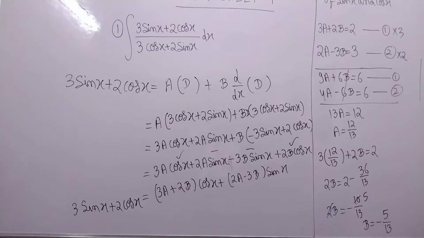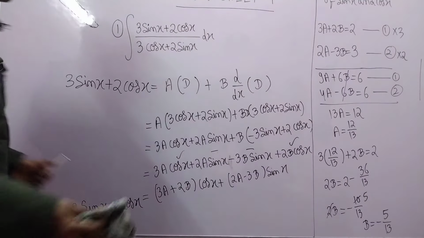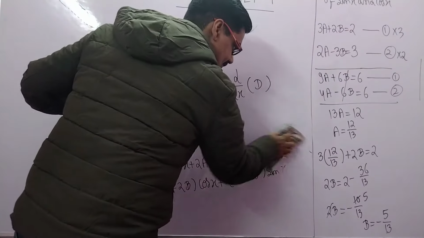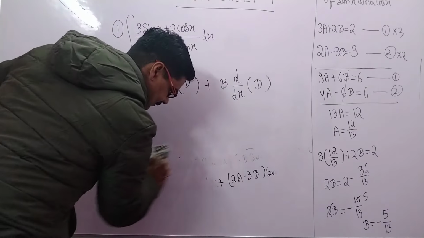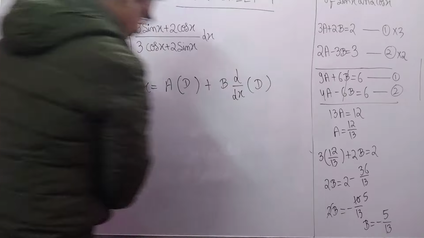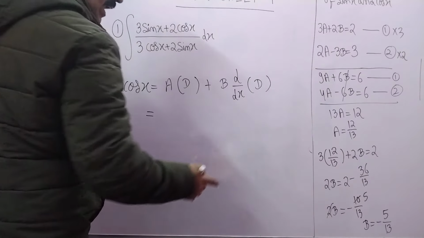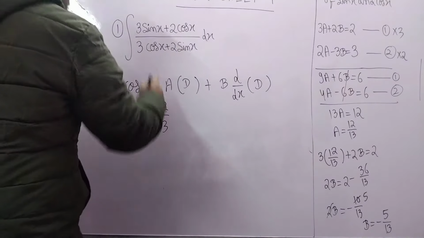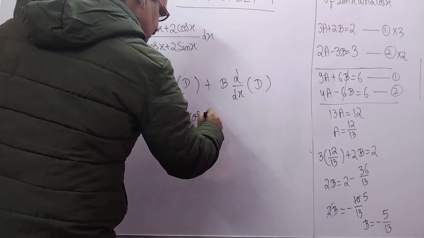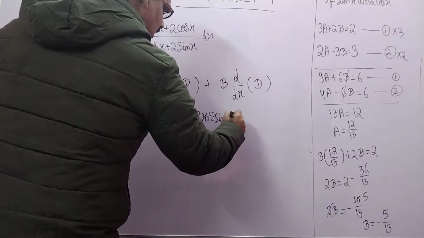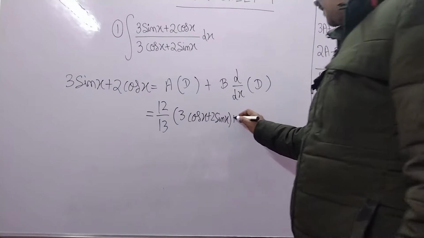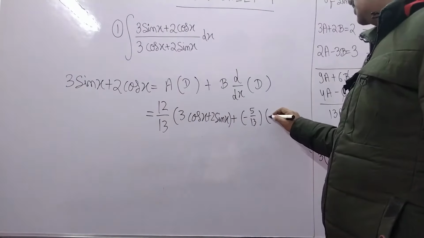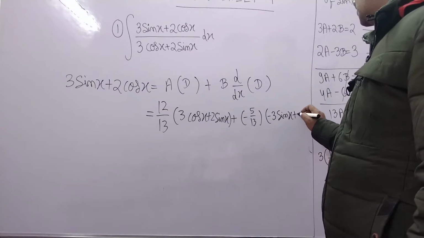We get: value of a is 12 by 13, denominator is 3 cos x plus 2 sin x, plus value of b is minus 5 by 13, differentiation of denominator is minus 3 sin x plus 2 cos x.